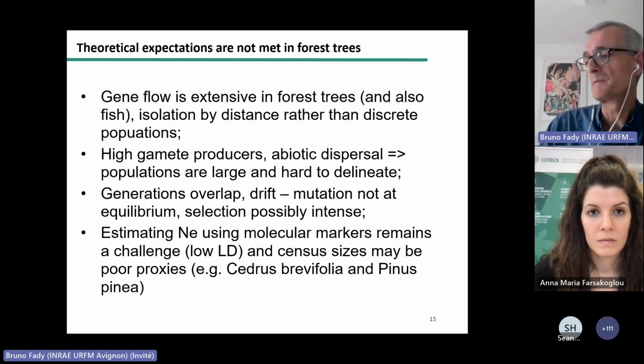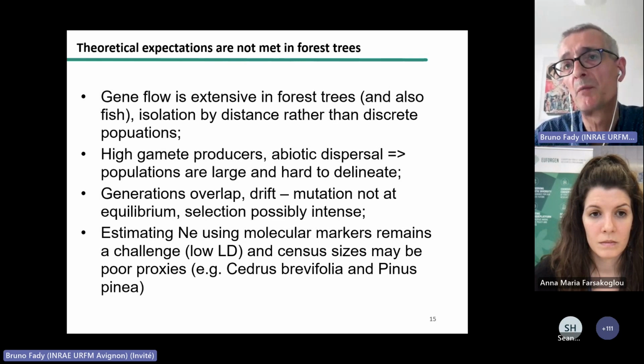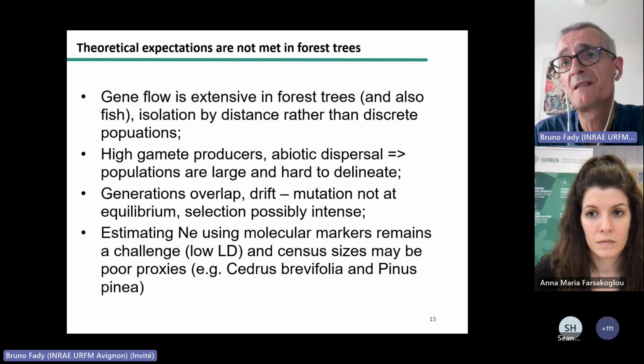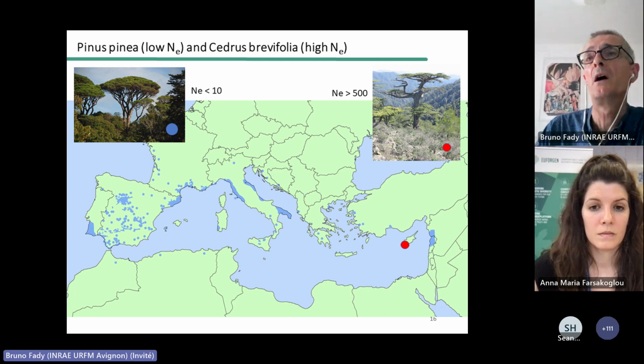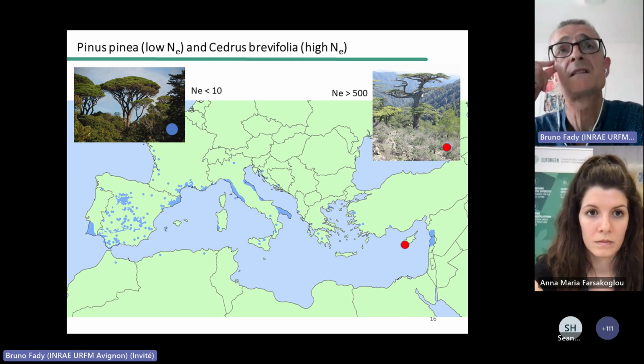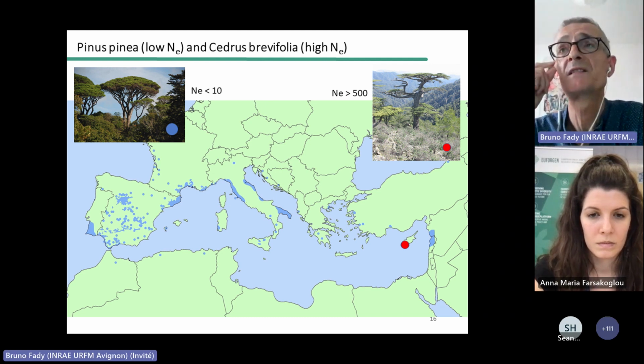So in fact, we're stuck with difficulties with the concept, and also because in trees we might have a problem with estimating NE when we look at census sizes. So I will show an example of two trees. One is the umbrella pine, the Italian stone pine, on the left in blue, and the one on the right is the cypress cedar, Cedrus brevifolia.